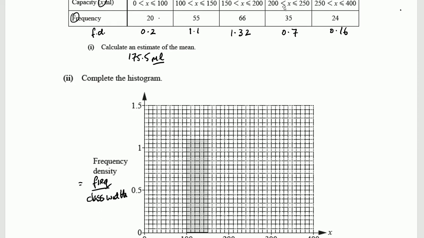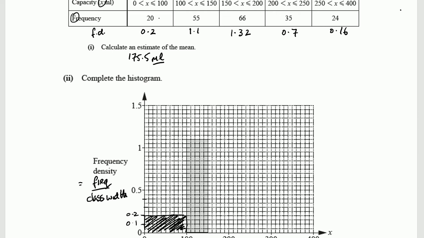So the first category goes from 0 to 100 and has a height of 0.2. Look carefully at your scale to make sure you're getting this right. Every 2 little squares is worth 0.1, 0.2, 0.3, 0.4, 0.5. So my first bar that I would draw looks like this.